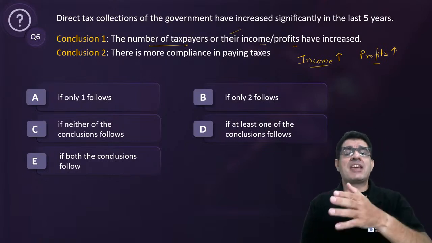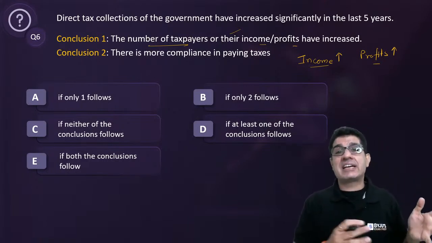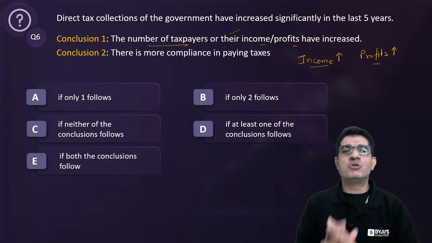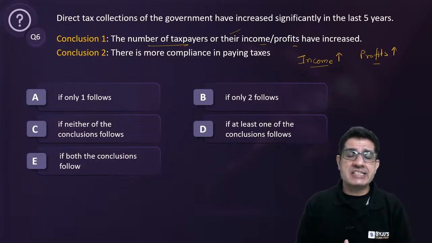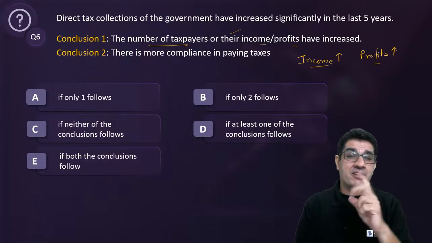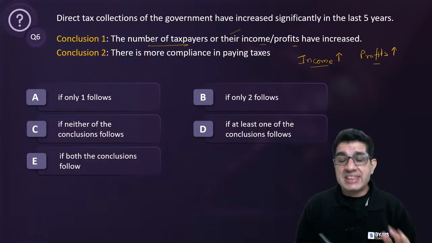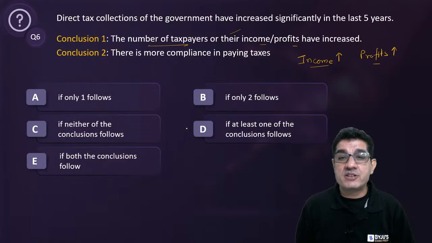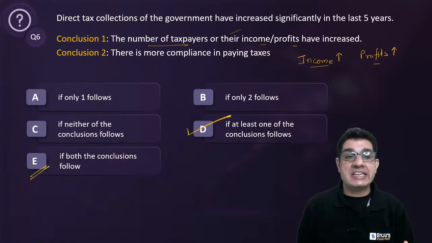Because there cannot be any other factor that can lead to a significant increase in direct tax collections. So there are just these three factors, and these three factors are listed in these two conclusions. It can be any one of those three factors or maybe all the three. And that is why I will go ahead and choose D over E.